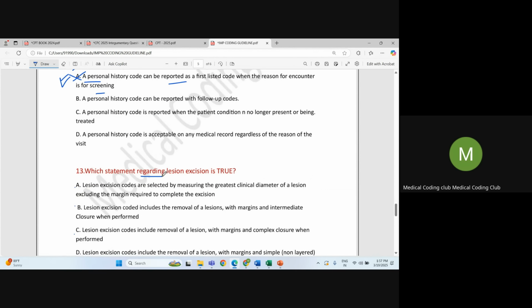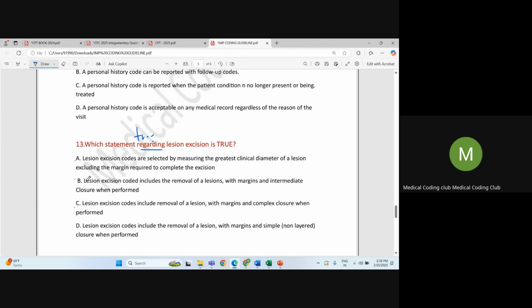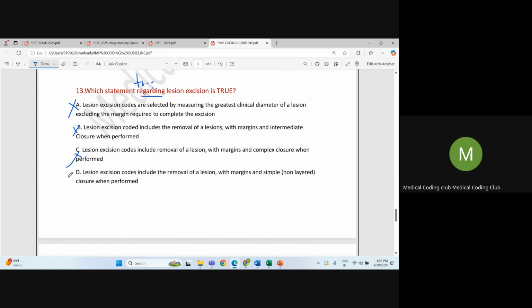Which statement is true regarding lesion excision? Lesion excision codes are selected... this is wrong, and this one also wrong. Last option D is correct. Option D says lesion excision codes include removal of lesion with margin and simple layer closure when performed.